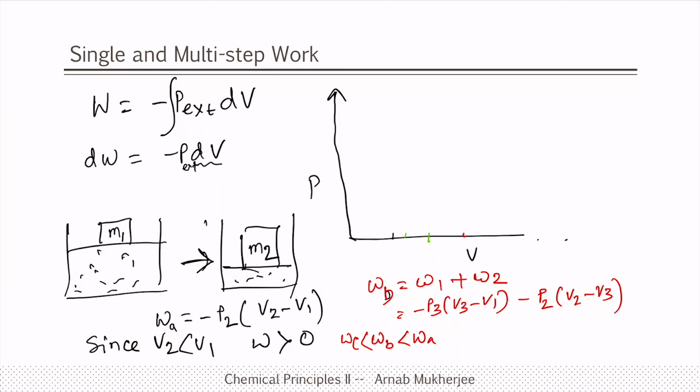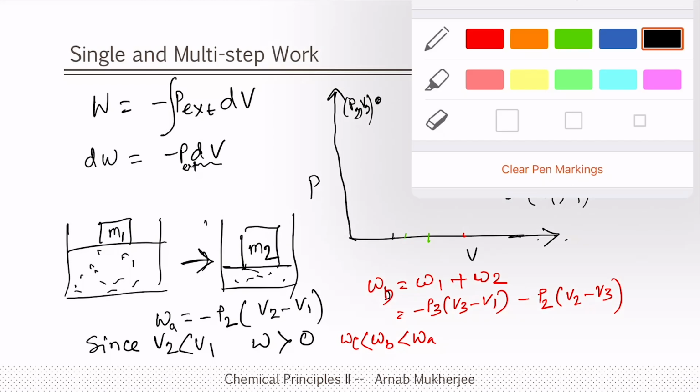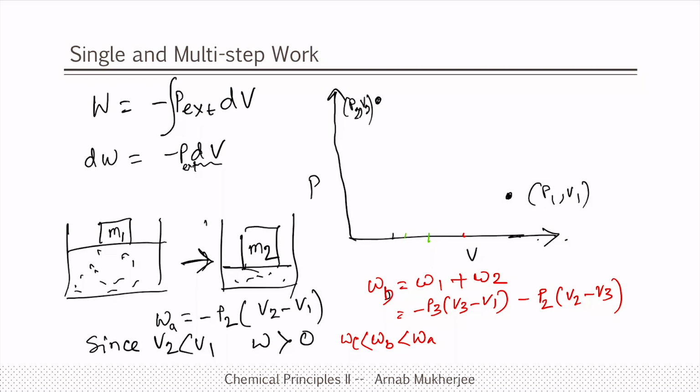Let us try to take many more states from P1 V1 to P2 V2. So, let us take a very small step, I will use a different color. We take a very small change in the pressure from P1 to, let us say, P1 plus delta P, which will be a little bit of increase in the pressure, which will decrease a little bit of volume.